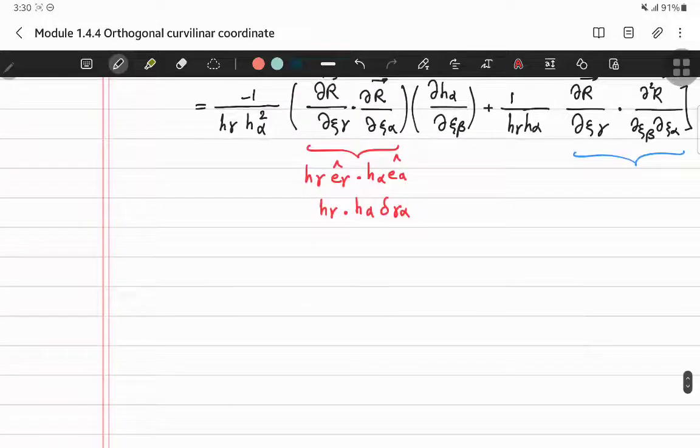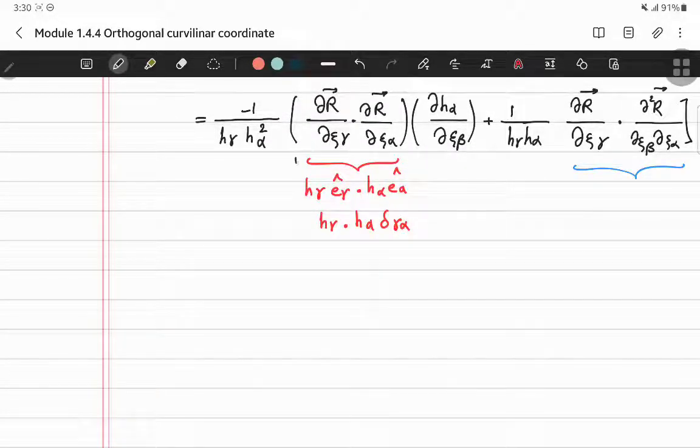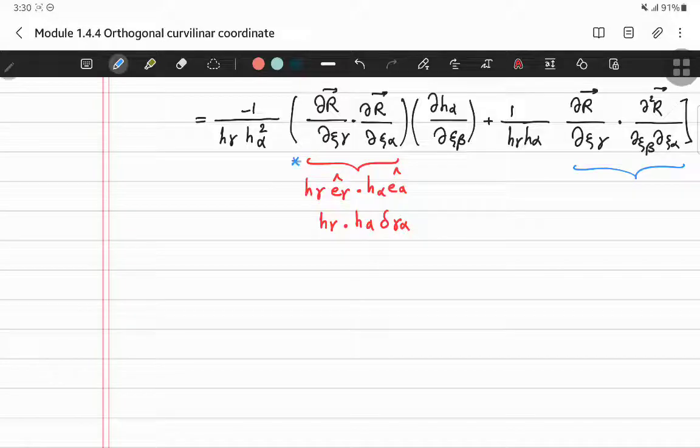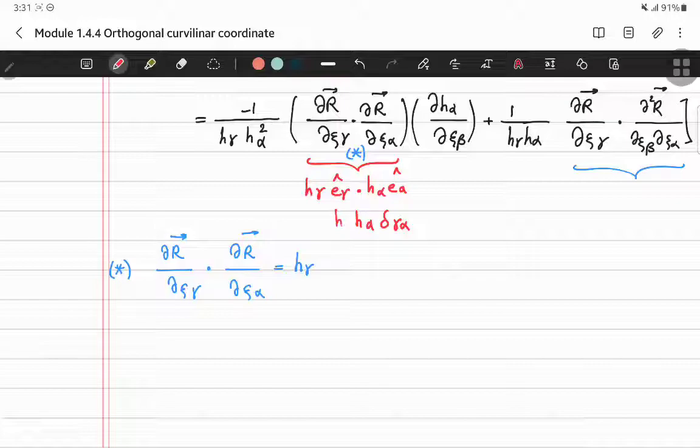We already know from, let's say, this equation here, star, that the partial derivative of R with respect to Z gamma dot the partial derivative of R with respect to Z alpha is equal to H gamma, H alpha delta gamma alpha.